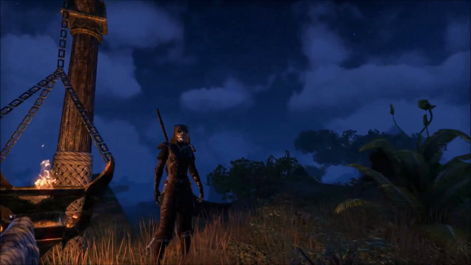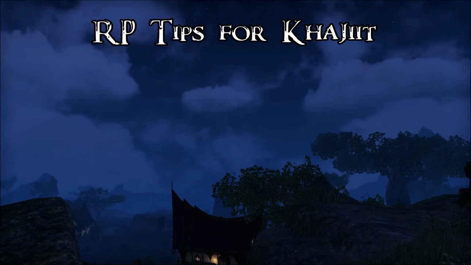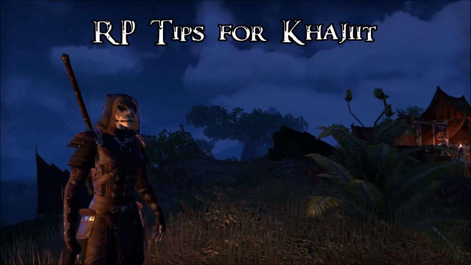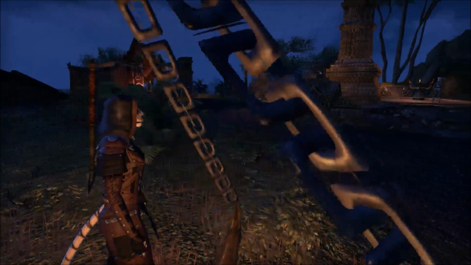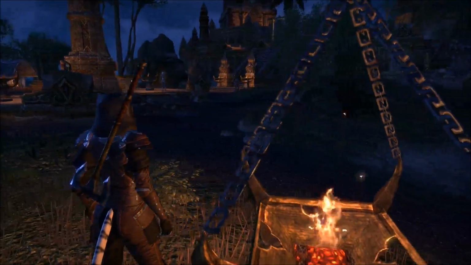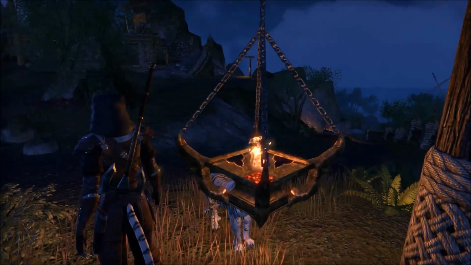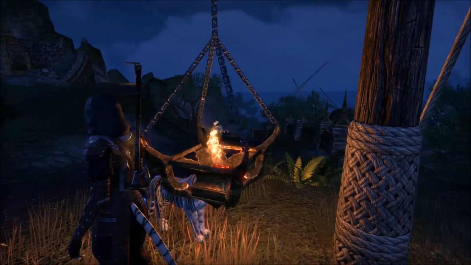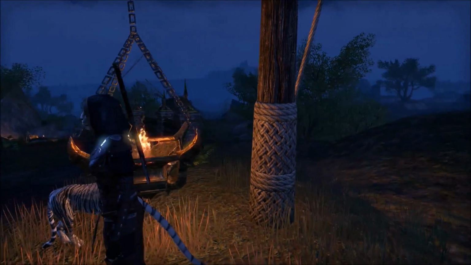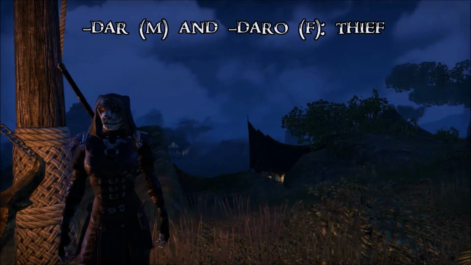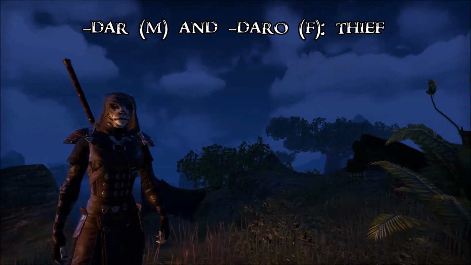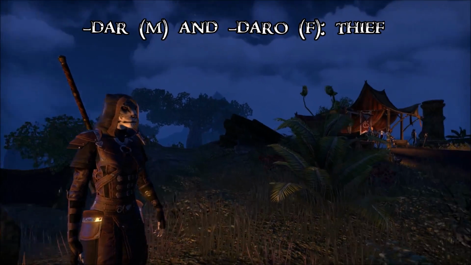Now that we've gotten through all of that, let's take a look at some role-playing tips for Khajiit. The first thing we're going to talk about are names. The Khajiit have very specific naming conventions, not for proper names, but for affixes and prefixes that often indicate a particular Khajiit's standing in their society. Many of these are commonly known, such as Dar and Daro, which mean thief in the Khajiit's native tongue of Ta'agra.